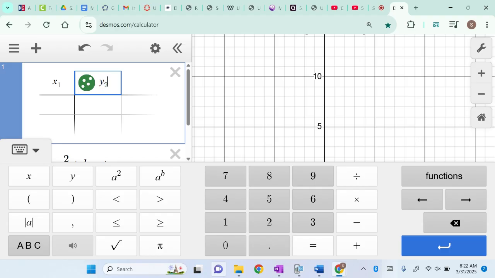Also, if you're doing it in Desmos and you delete your table and make another one, just make sure that it still says X1, Y1. If it says X2, Y2, just change it. You can go up and click it and change it.